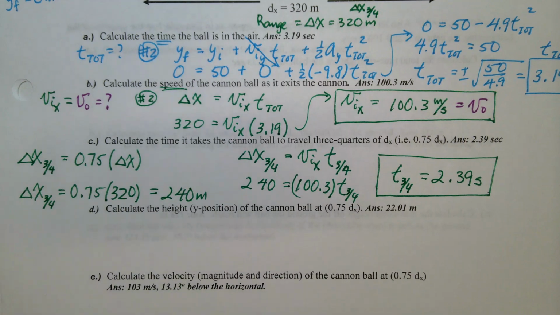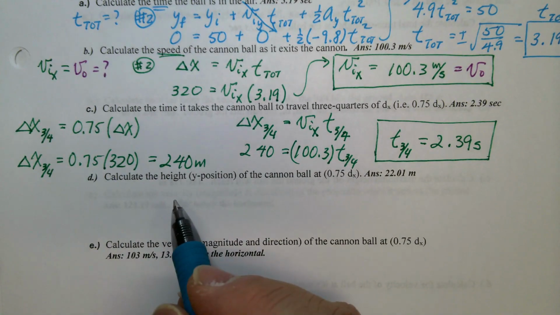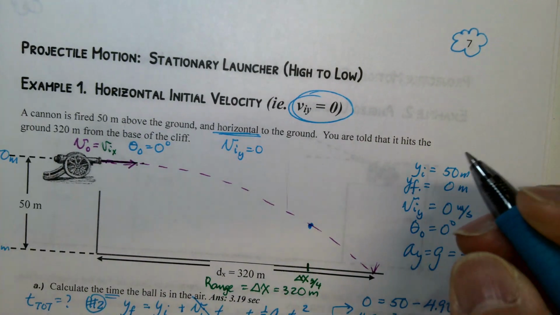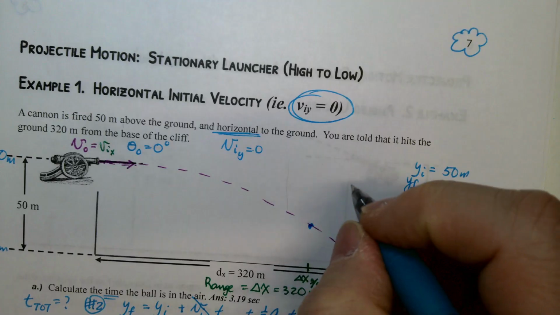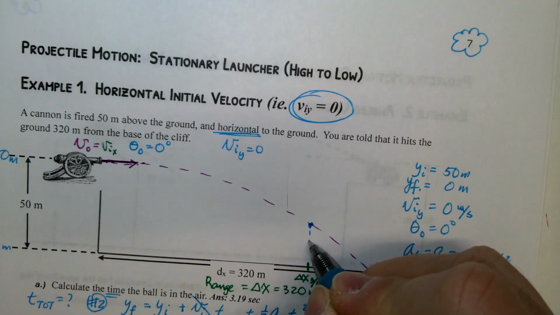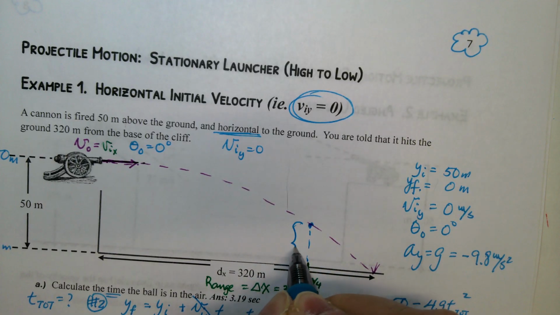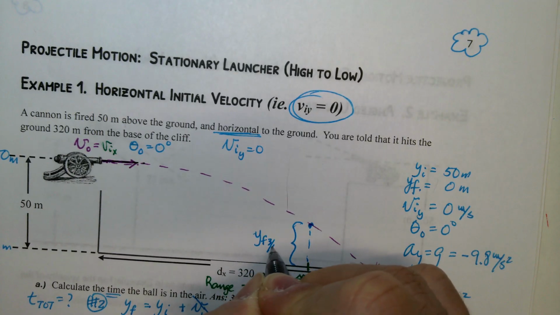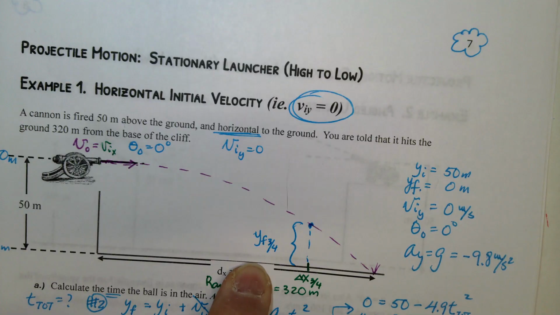Now they're asking to calculate the height, the y position. So they want you to calculate how high this thing is here when t is equal to, they want to know what this y position is, right? Y final at 3/4 of time. Okay?